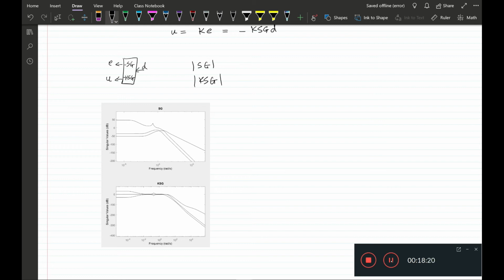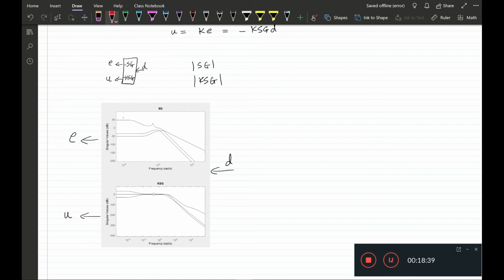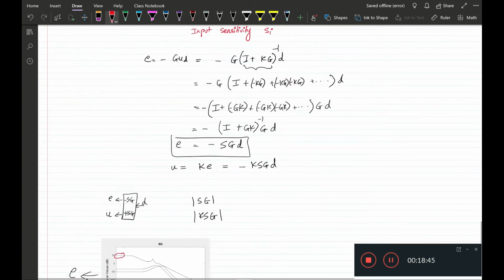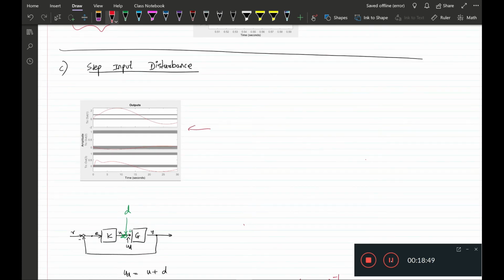So these are the transfer functions from input D to output E and to output U. Now what you see here is that for low frequencies we have a very large error, and this is really the cause for these high oscillations that we saw in the time domain plots here.